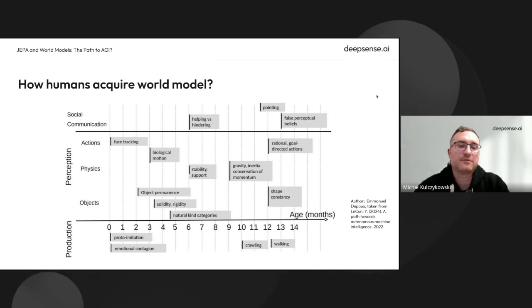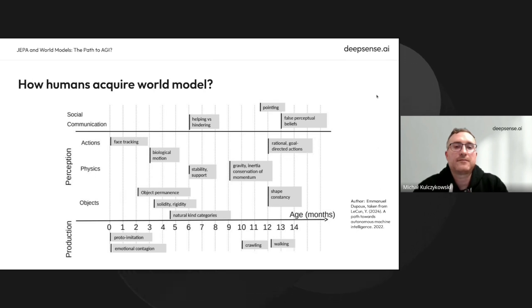So how do we acquire world models? Humans don't have a lot of labeled data. We interact from the very beginning with the environment through observations and actions.